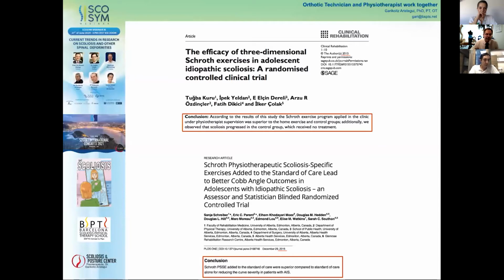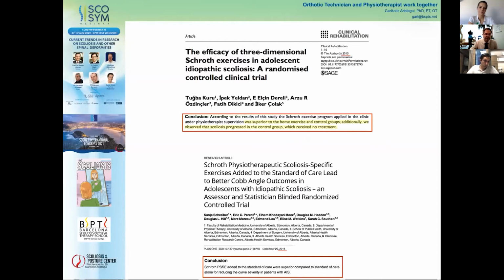Perfect. Nowadays, we know that we have a lot of information about this. We have more and more evidence. For example, the Monticone research in 2014, the conclusion was superior to the home exercise and control groups. We observed that the scoliosis progressed in the control group, which received no treatment.